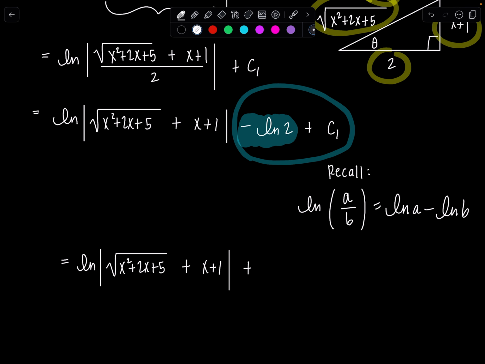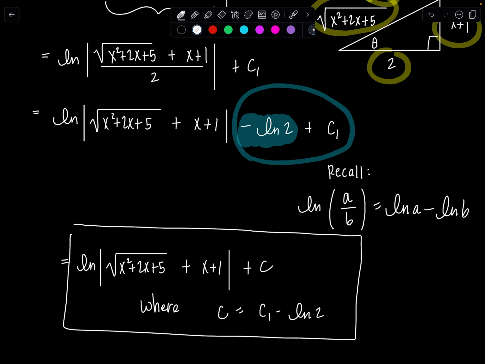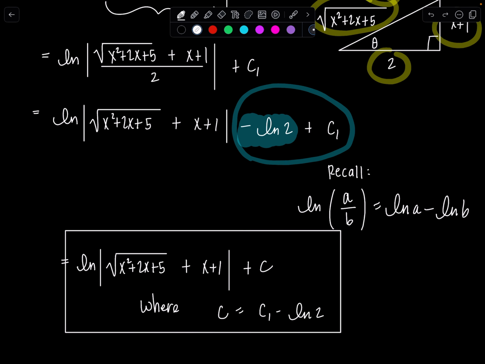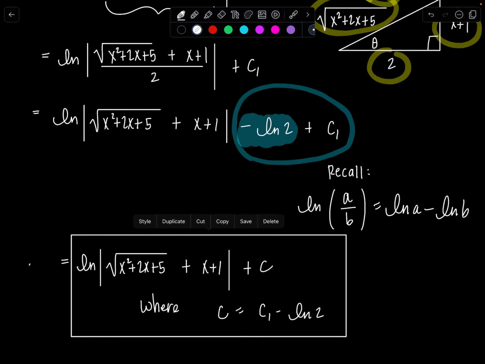And then I go plus C, where, tell the people, who is this C? C equals C1 minus natural log of 2. And voila. That is a 100%, 10 out of 10, perfect answer. If only I could box it. There we go. And show off my lovely work.